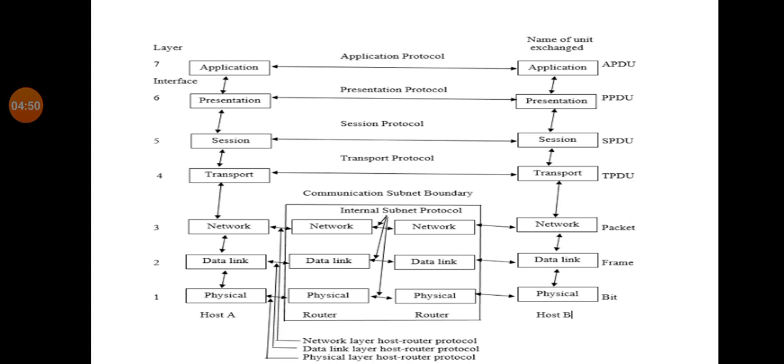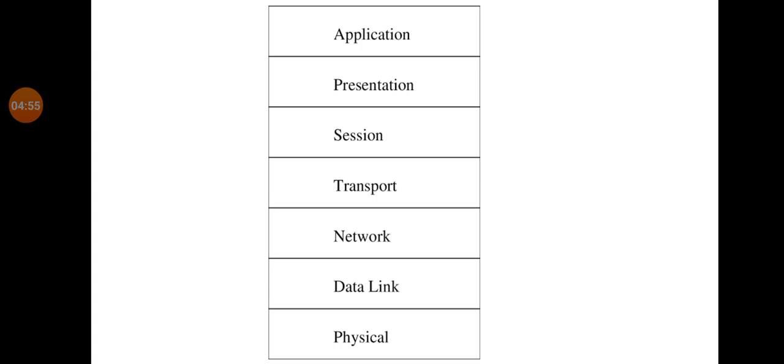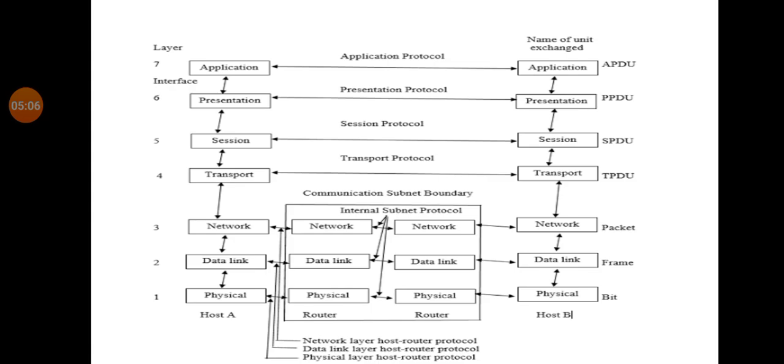Then we come to the second layer, that is the data link layer. The functions of the data link layer are as follows. This layer converts data bits into data frames. In yesterday's video we studied what type of units each layer exchanges.